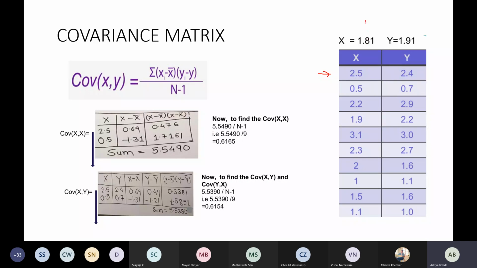We already calculated the mean of x, that is 1.81, multiplied by yi minus the mean of y, divided by total observations minus 1. Make sure to note that it is n minus 1. In the case of variance, it was only n.